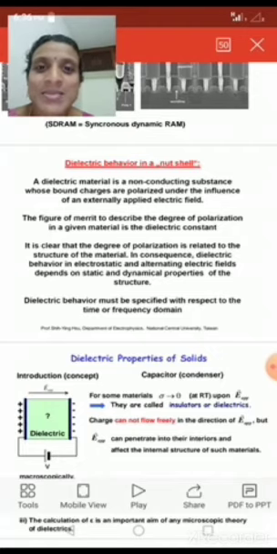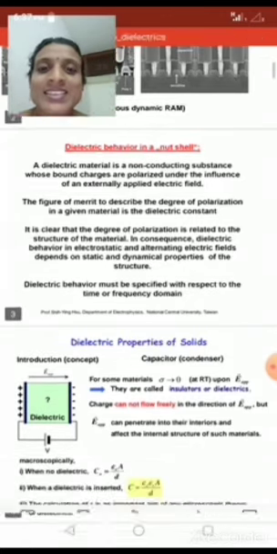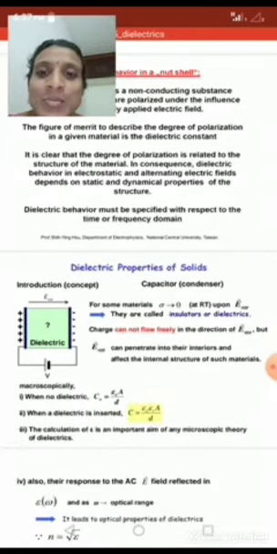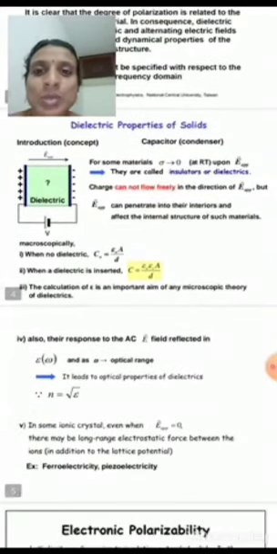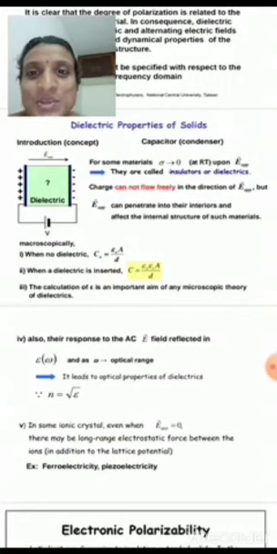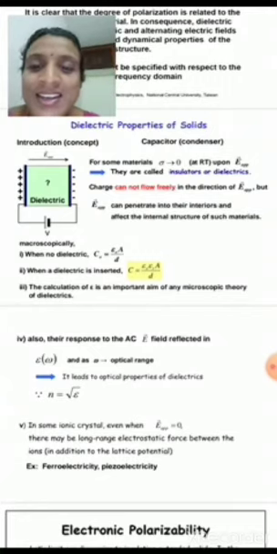This describes the degree of polarization of the given materials regarding dielectric properties, and we discuss the dielectric properties of solids. First, this is an example of the usage of dielectric materials. Here the dielectric is placed between the parallel plates of a capacitor, positive and negative.